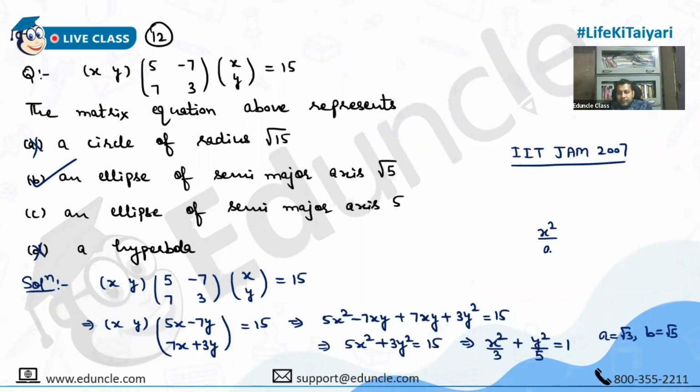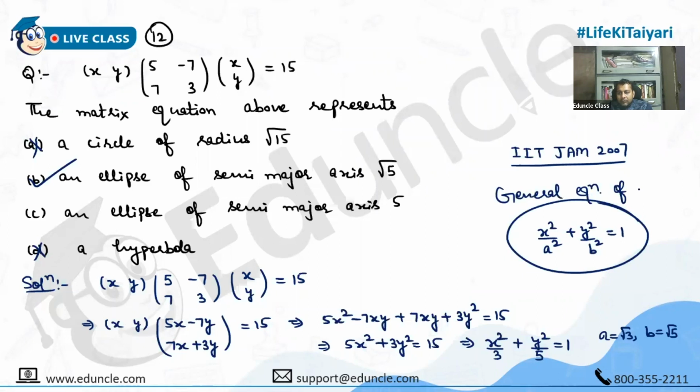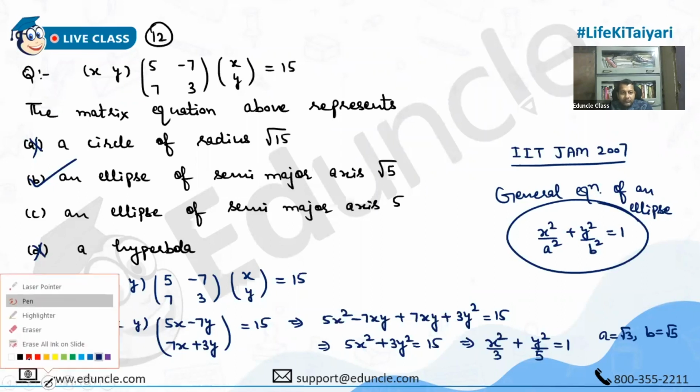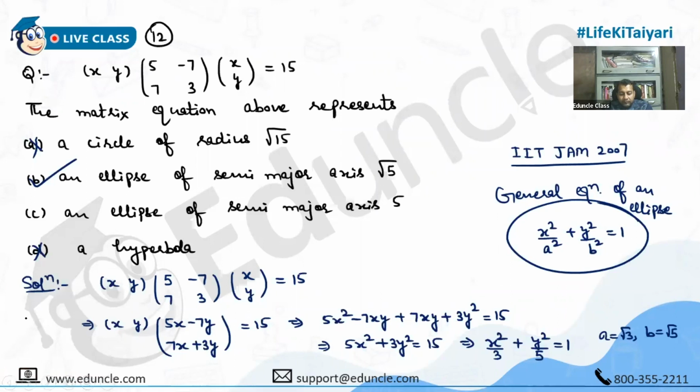General equation of an ellipse is this, of an ellipse with semi-major axis and semi-minor axis as A and B. Okay. Yes, sir.